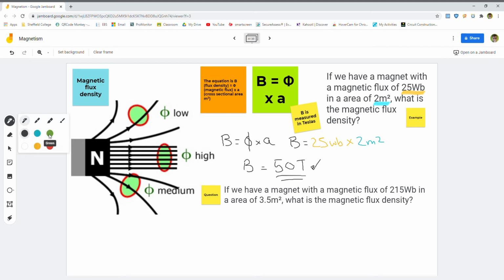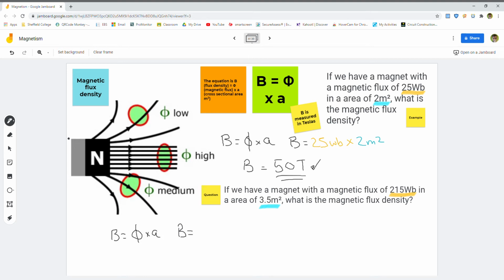Just to go through this again then. If we have a magnet with a magnetic flux of 215 Webers, in an area of 3.5 meters squared, what is the magnetic flux density? Always write out the equation. It's good to get you practicing that. B equals phi times A, which is our area.